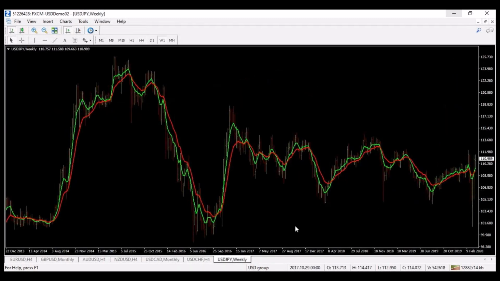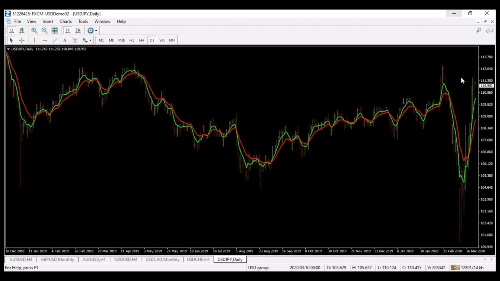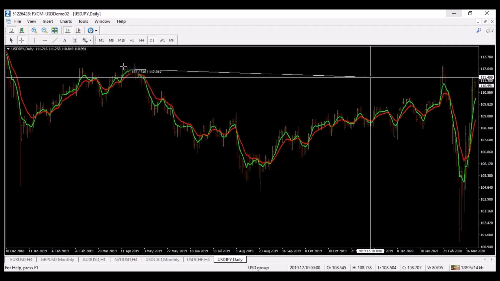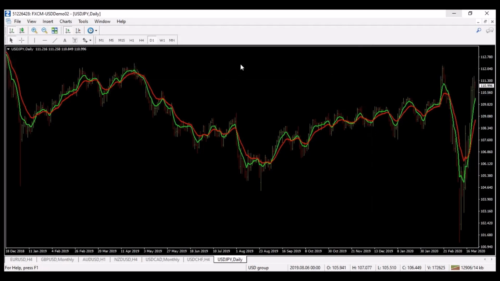Last pair in the group is the dollar yen. Dollar yen looks similar to the dollar Swiss. It's moving up into an area of resistance. Looks very, very similar, and probably the hiccup here is going to be room to move. You've only got about 80 pips of potential on that pair.